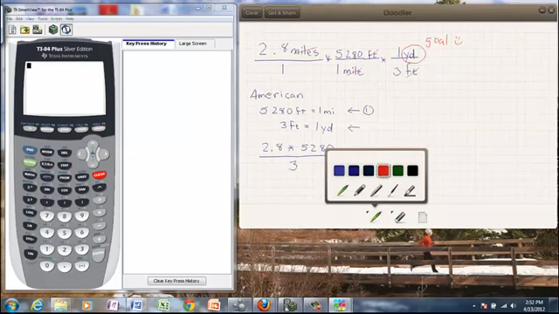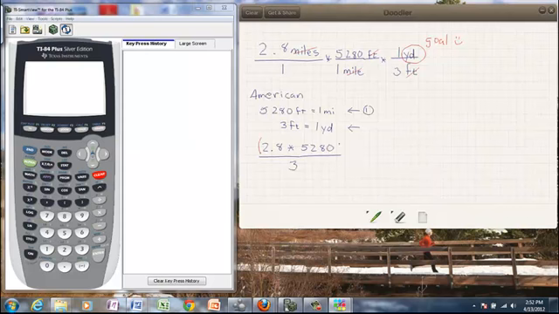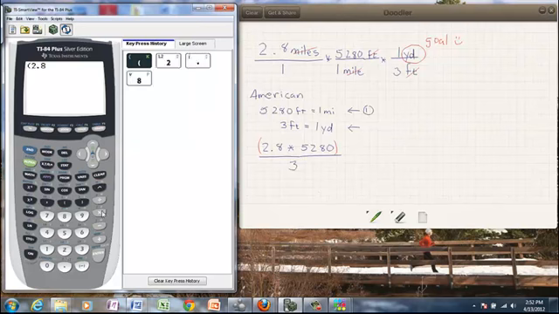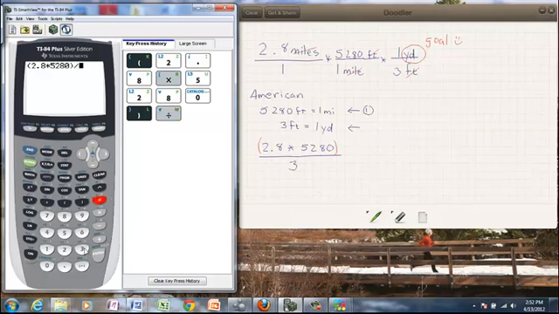Since this is a fraction, I will group the top. There we go.